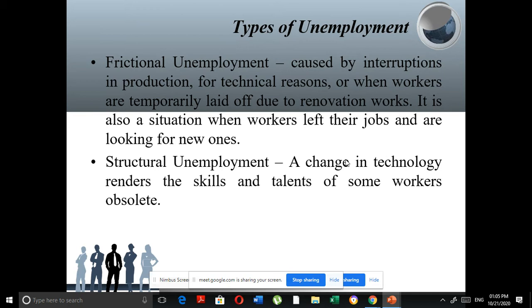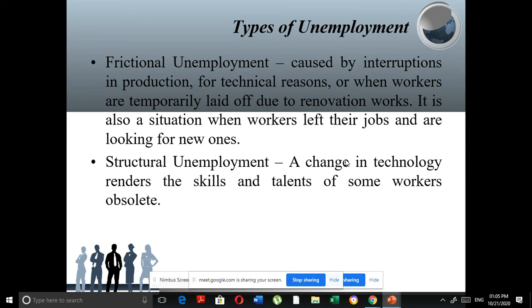Okay. First, frictional unemployment. Frictional unemployment is the normal movement of workers from one job to another. You can say it in just these words. Another definition: it is caused by interruptions in production for technical reasons, or when workers are temporarily laid off due to renovation works.